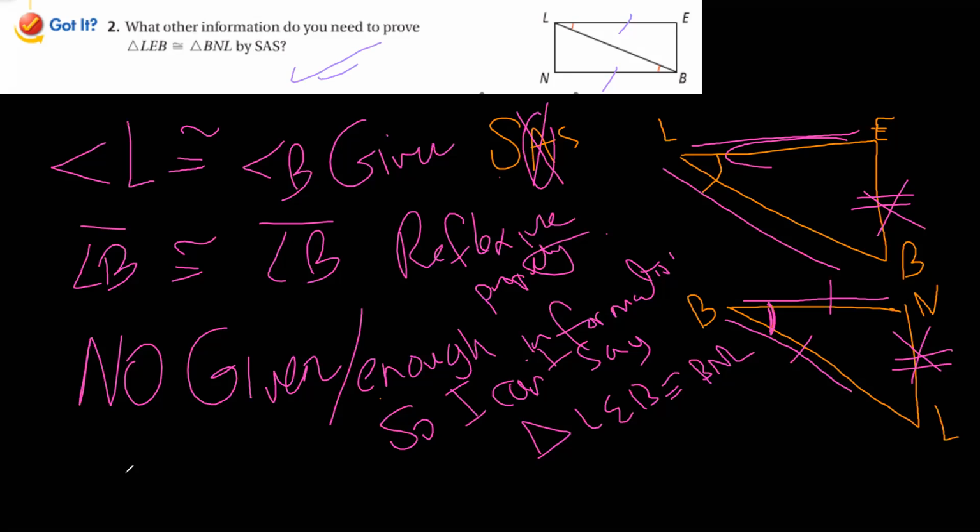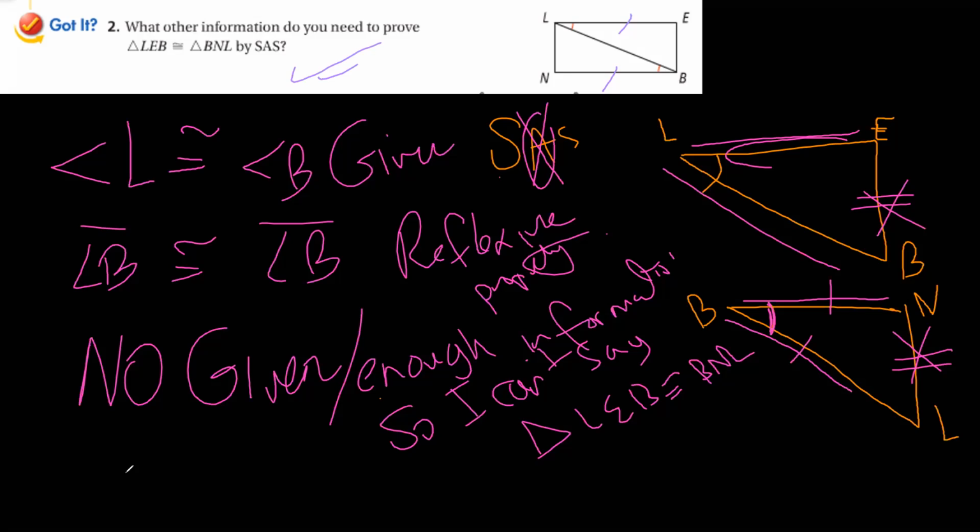If he told me that, okay. In here, I need two things. If it's given, I will say it is congruent. If it is the reflexive property, I will say it's congruent. If it's not reflexive and not given, I cannot say it is congruent.